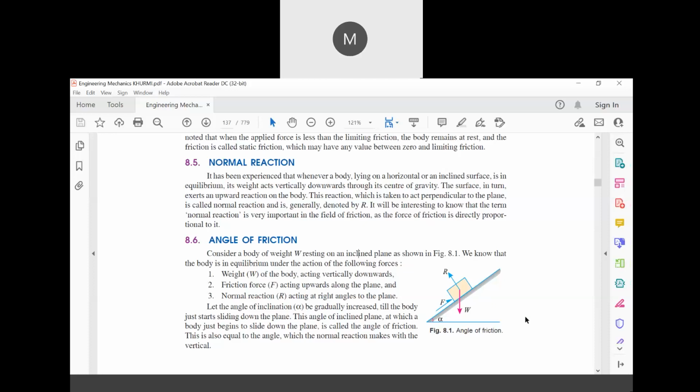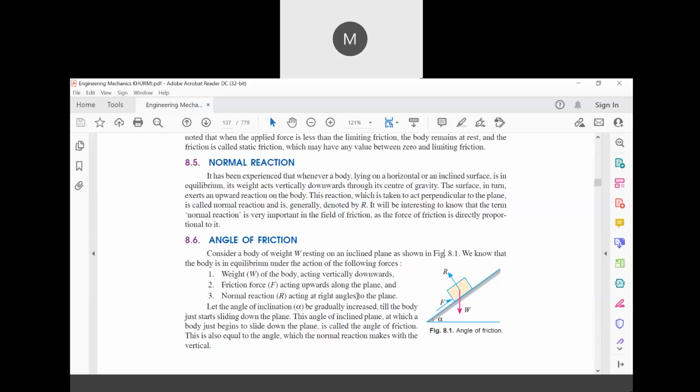Now we are going to angle of friction. What is angle of friction? Suppose this is the body of weight W, which is resting on an inclined plane. Now the body is in equilibrium under this criteria. Weight W is acting downwards, normal reaction upwards, and friction is in the opposite direction, upwards.